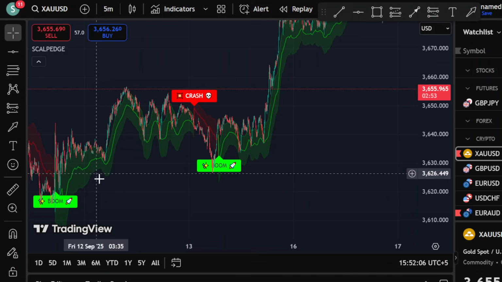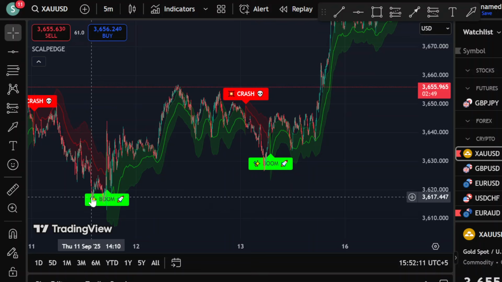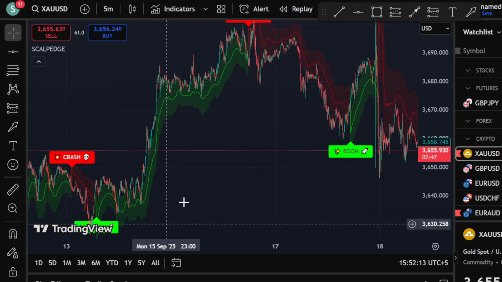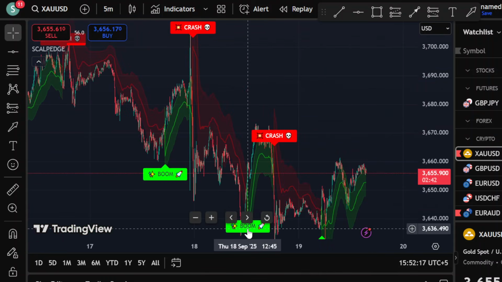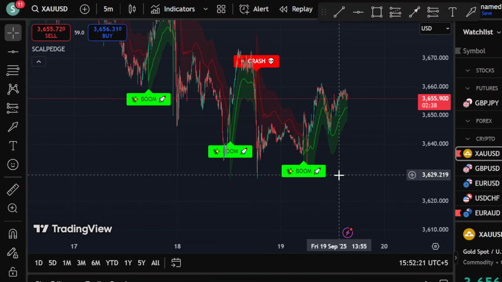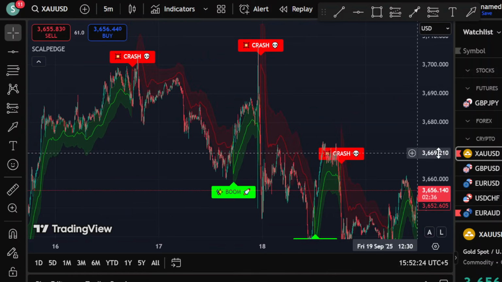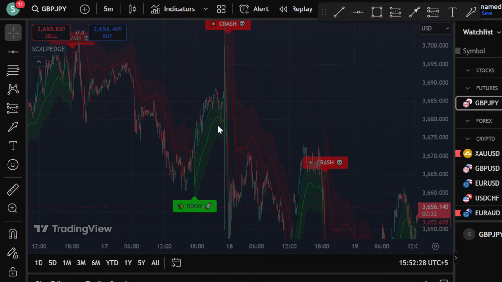If I show you here, 1, 2, 3, 4, 5, 6, 7, 8, 9, almost 10 signals without any losing factor. Where it has a losing signal, it will be displayed on the screen.